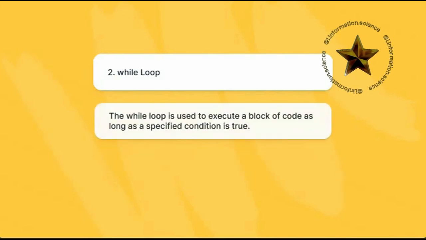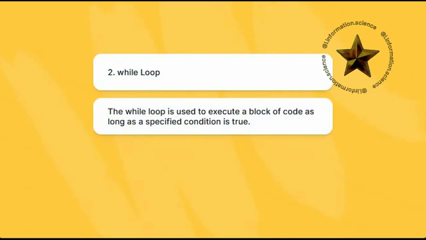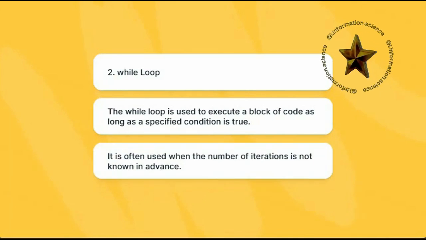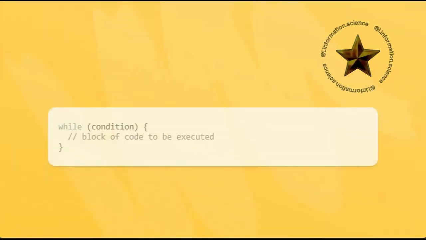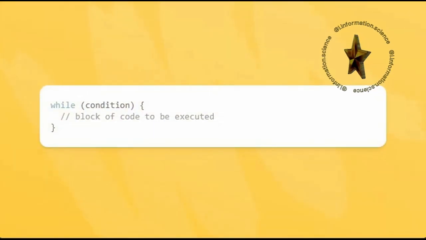2. While loop. The while loop is used to execute a block of code as long as a specified condition is true. It is often used when the number of iterations is not known in advance. While condition, block of code to be executed. 3.